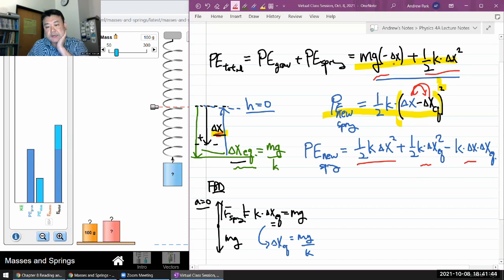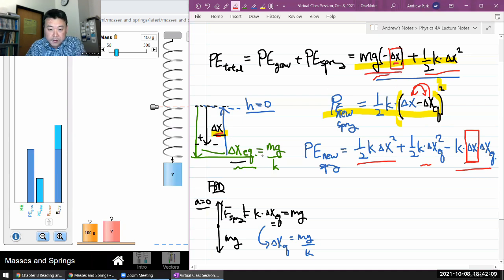Remember, delta x is a variable, so you have to treat it carefully. I have here one term with a linear term of delta x. And I do have a linear term of delta x here. And they both have a negative sign in front of it. It would be nice if I could somehow show that this term is the same term as this.